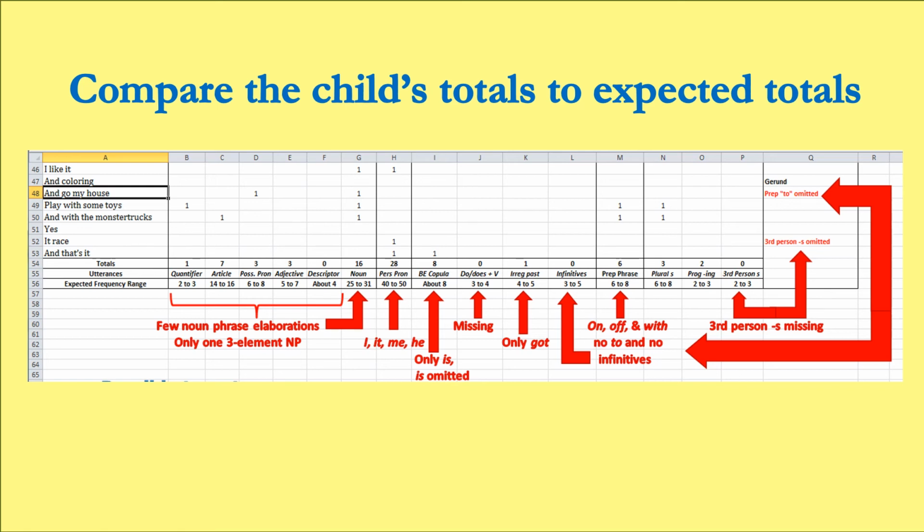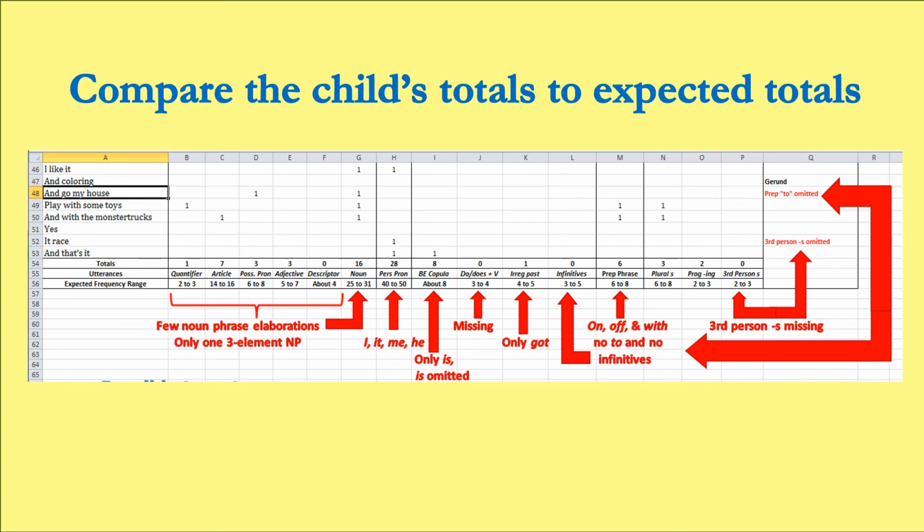Under prepositional phrases, he used a few prepositions but never two. In addition, as the note on the right states, he omitted the word "to" in one prepositional phrase where it should have been used. This suggests work is needed on both infinitives and prepositional "to." Further probing would verify this suspicion.